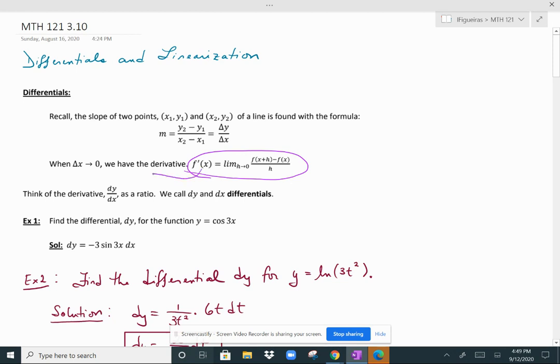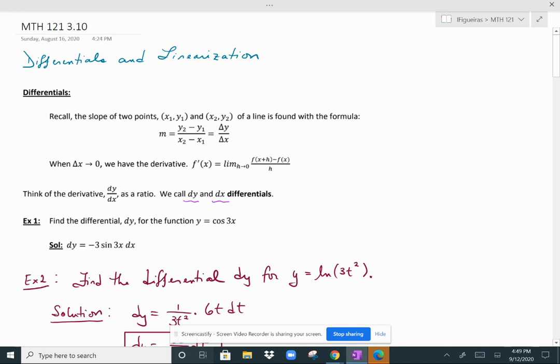We know that f prime can also be written with this other notation as dy over dx, but when you look at it from this perspective, you can consider the dy and the dx separately as a ratio of two expressions, where dy is the differential of y and dx is the differential of x.